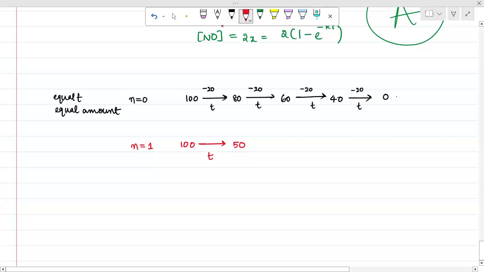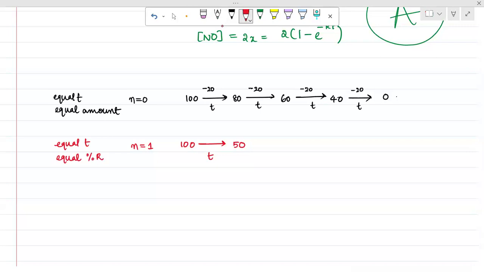I repeat, here, in equal intervals of time, there is a drop of equal percentages of the reactant. Which means from 100 to 50, 50% is reduced, correct? In the same time interval, from 50, it will reduce 50% of 50, which means it will become 25.